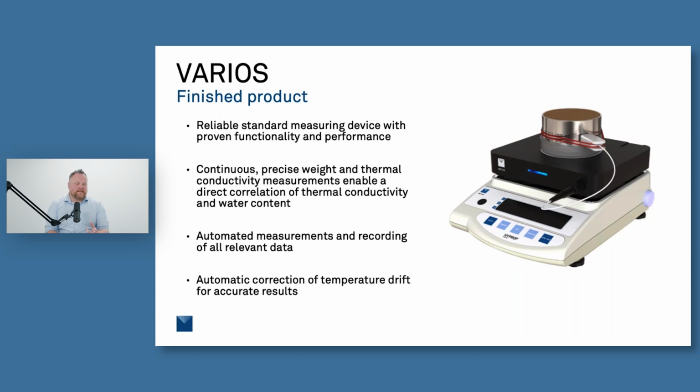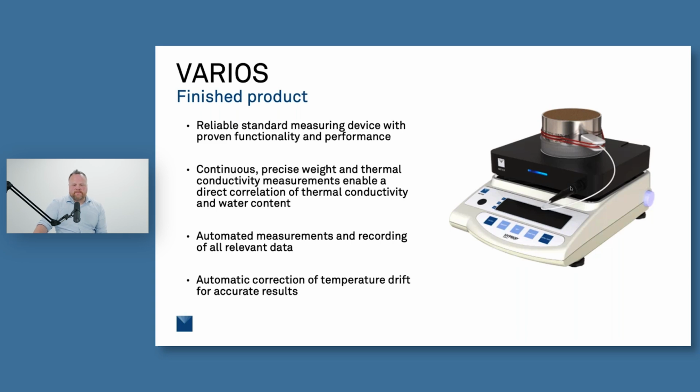The sample rings are a little bit different in that they do have a hole for a needle sensor to go into on the side, which you can see on that picture as well. This sensor needle is then connected to the VARIOS box, this black box here. And that is what runs the whole process for us.